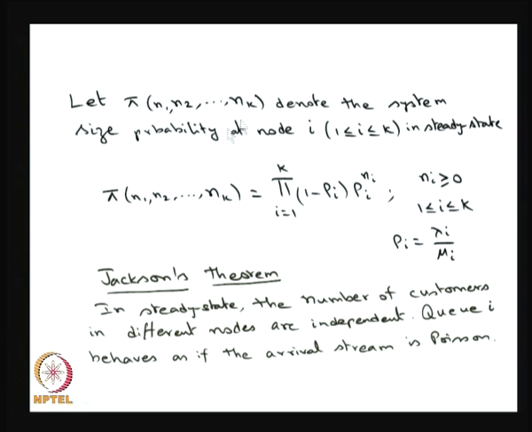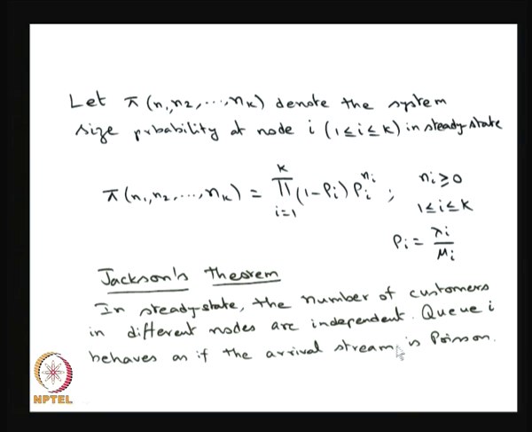Therefore, consider the joint probability of n1 customers in the first queue, n2 customers in the second queue, and so on till nk customers in the kth node. Since each node behaves independently, the number of customers in different queues are independent, and arrivals are Poisson, and you already made the assumption that each queue has infinite capacity as well as only one server.